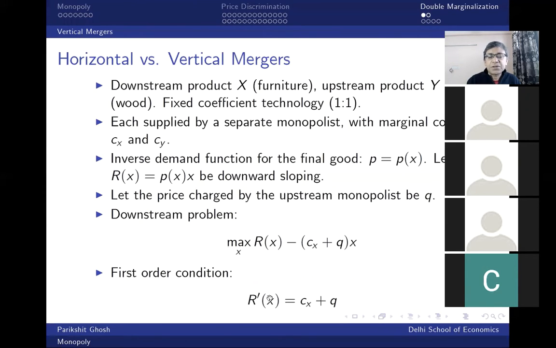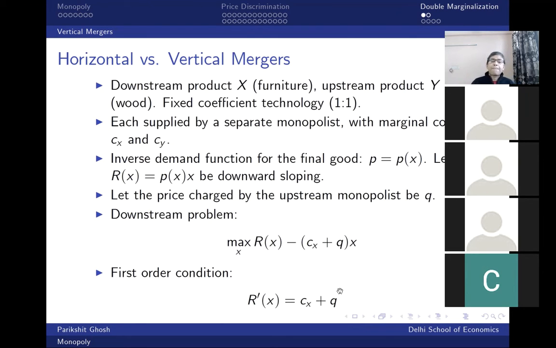This first order condition essentially gives us a derived demand function, so to speak, for the upstream guy, namely the logging company. They know that once they set a Q, how much of their product the other firm will want to buy will be given by this equation.